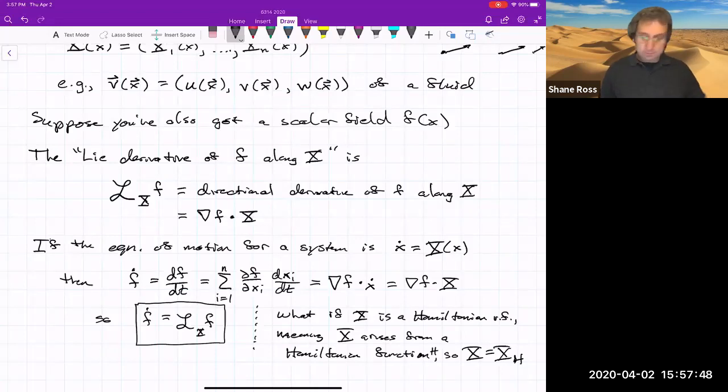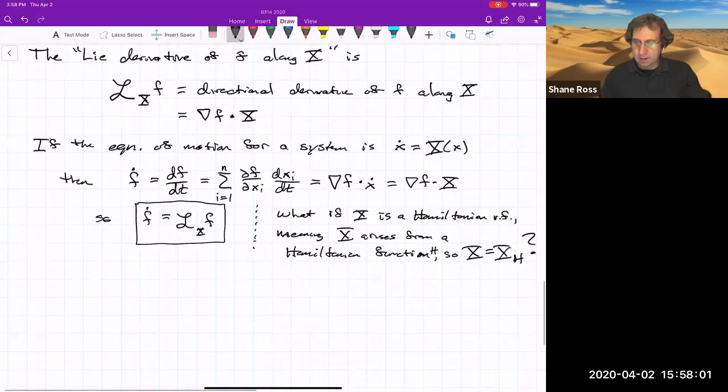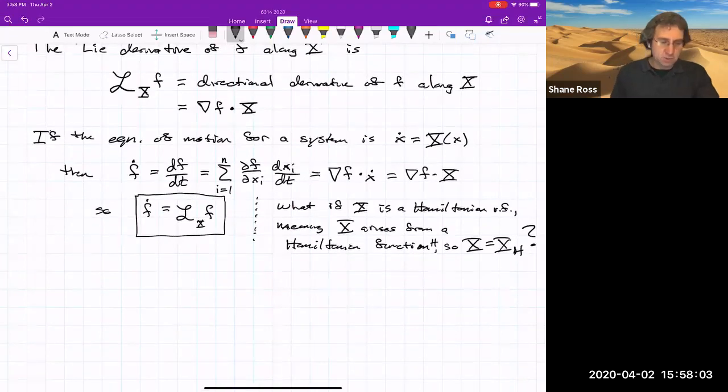What if? Well, then we know something about the form of the vector field. It's not just any old vector field that I can imagine. It has some constraints on it.